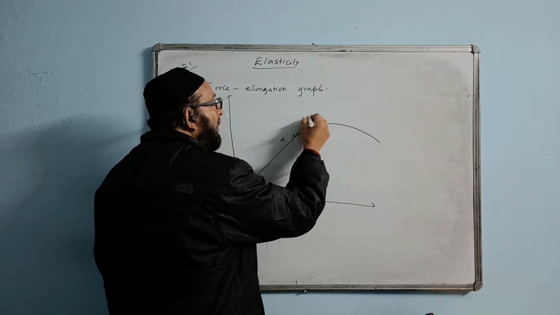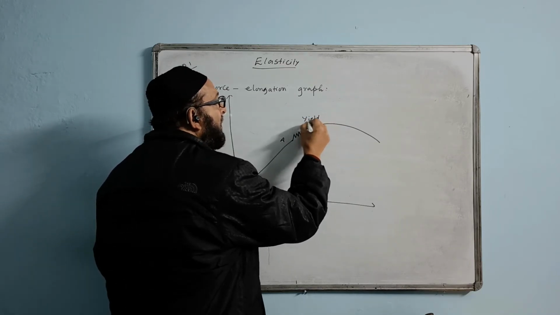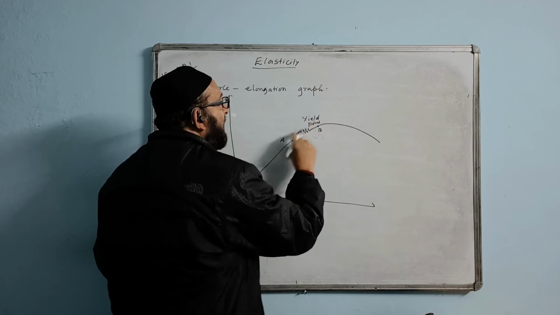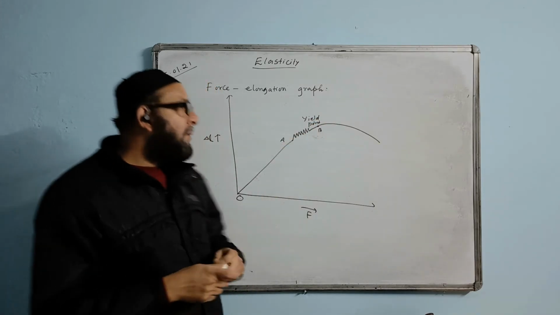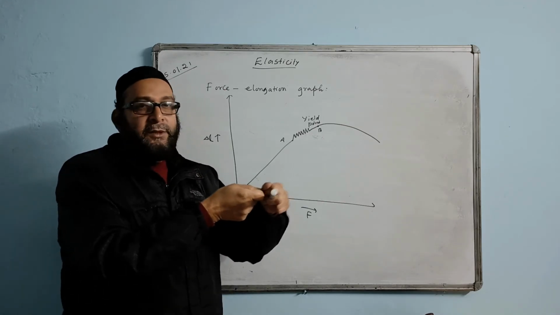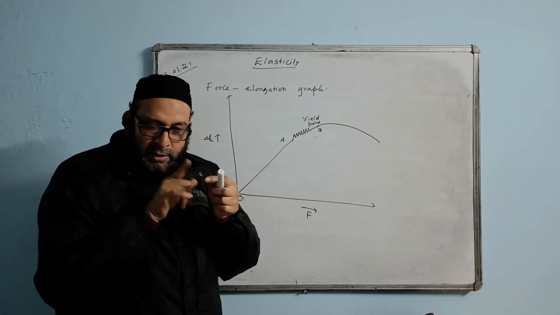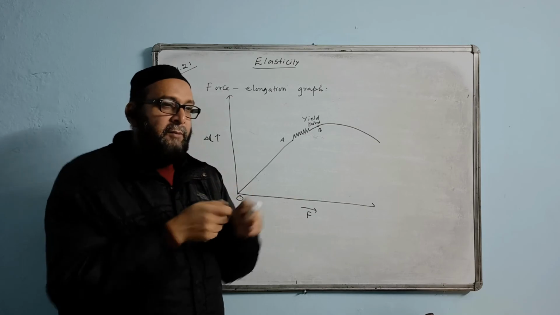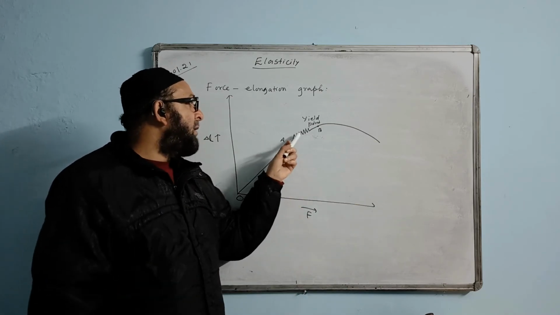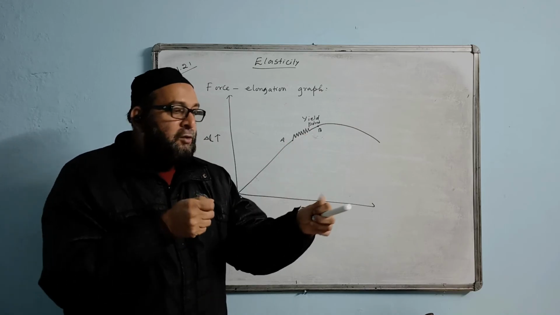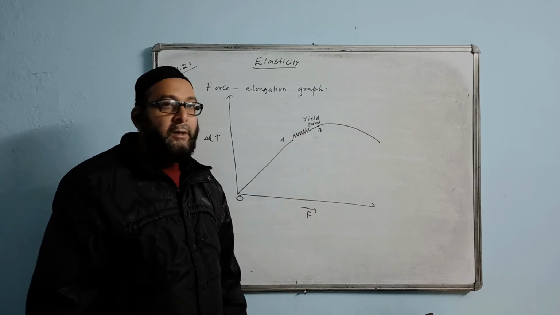The point B is the yield point. Take a rubber band as a common example: stretch it and you see small lines formed in it when you apply too much force. These are called kinks. When the formation of kinks stops, we call it the yield point.